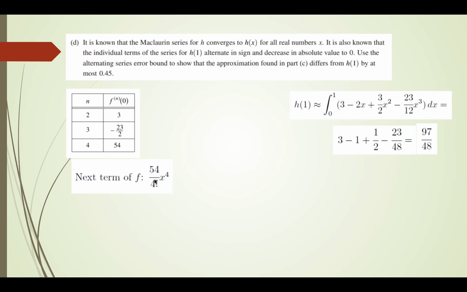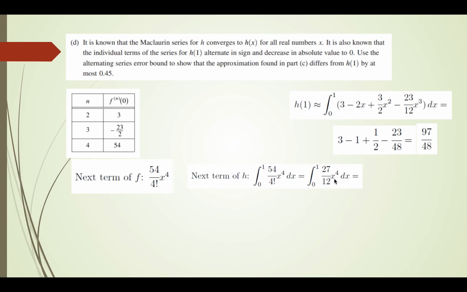So if this is the next term in f, then the next term in h, that term we didn't use, the thing that would come after 23 over 48, we would get that by integrating this term from 0 to 1. So we're going to integrate 54 over 4 factorial x to the fourth from 0 to 1. 4 factorial is 4 times 3 times 2, which is 24, and 54 over 24 will simplify to 27 over 12.